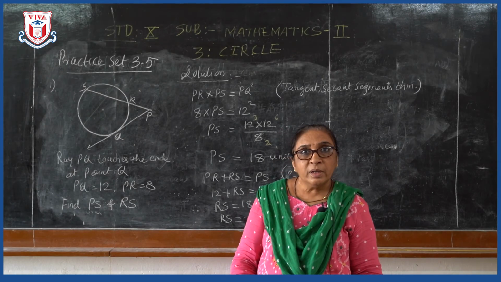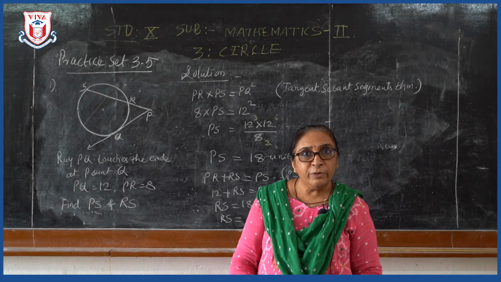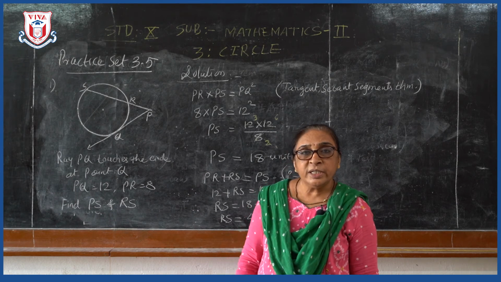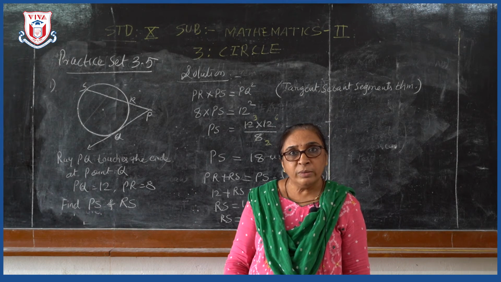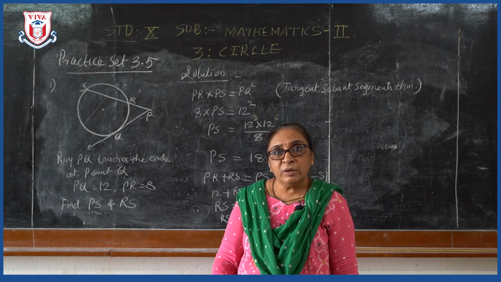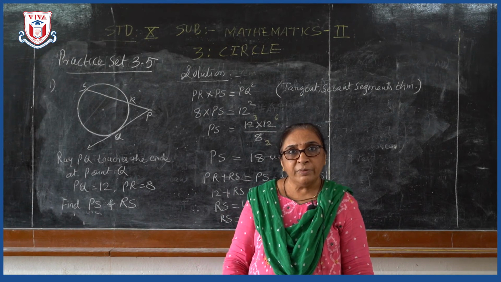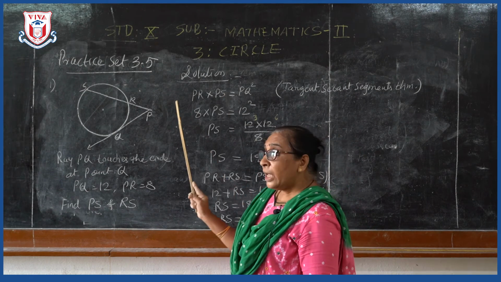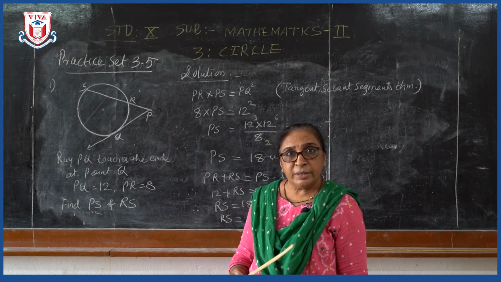Thank you. Let us solve practice set 3.5, the first example. See, this first example is directly based on the theorem which you have studied previously, that is the theorem of tangent secant segments.